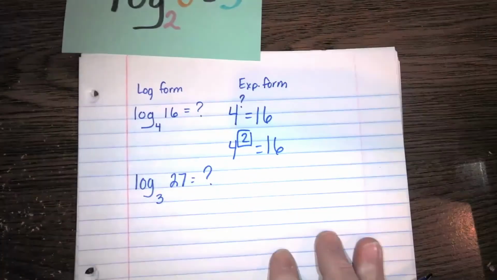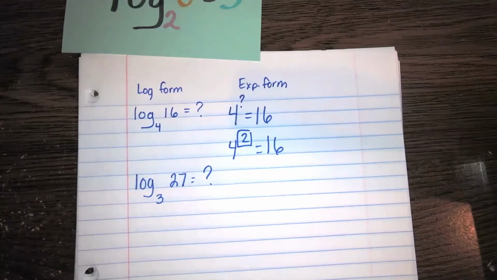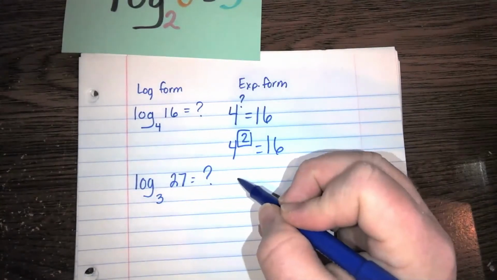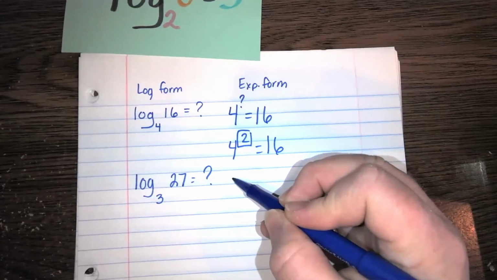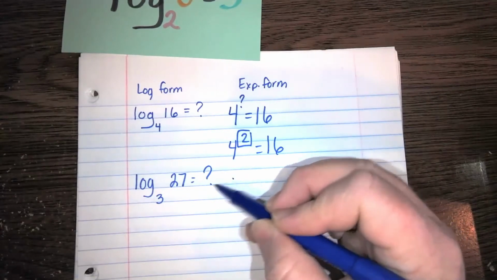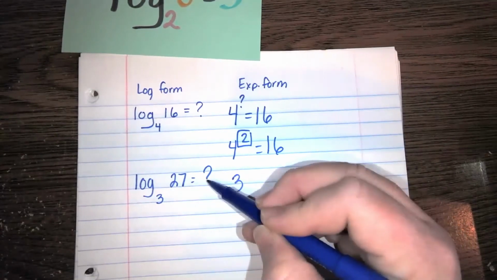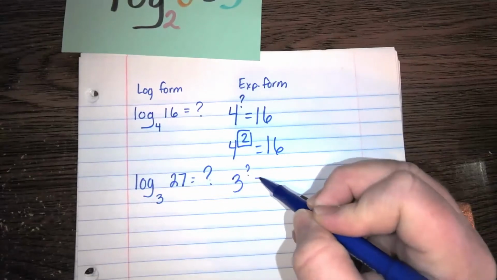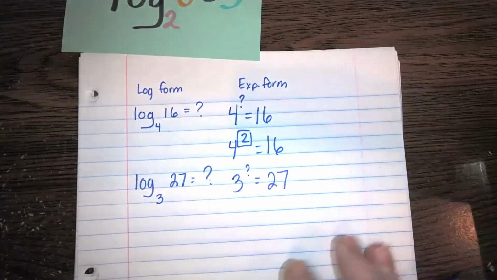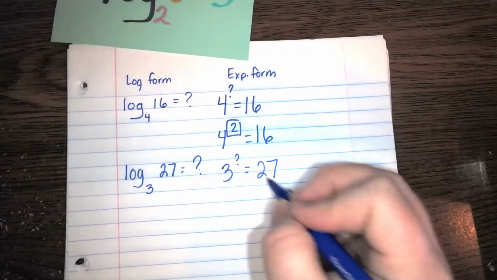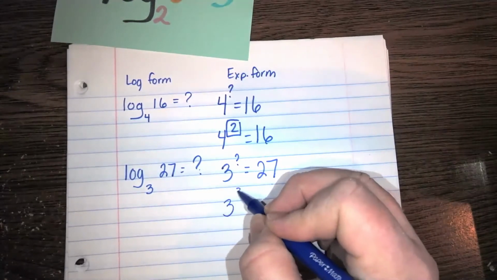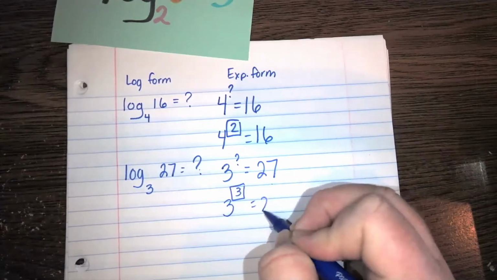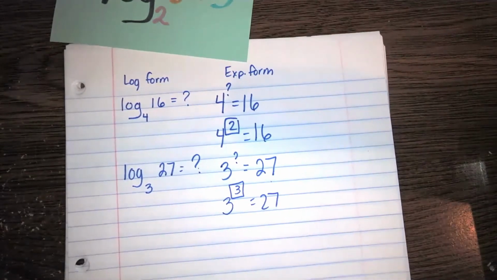All right, how do I write it in exponent form? What's my base? 3. 3 to the, I don't know, gives you 27. Well, 3 to what power gives you 27? Use your power table. 3. The third, very good, equals 27.